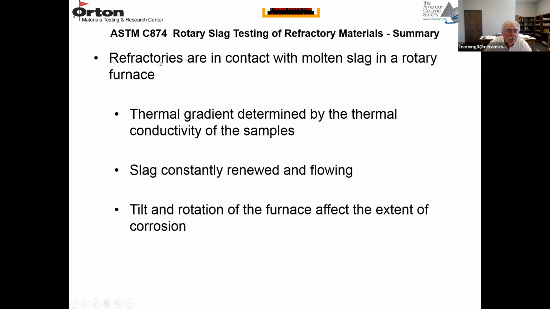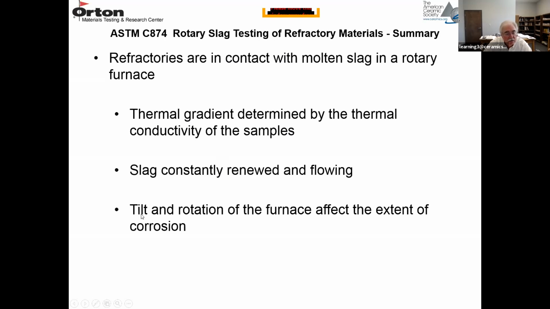So simply you have a refractory that's in contact with a molten slag in a rotary furnace. You have a thermal gradient in the wall of the furnace that's determined by the type of the sample you put in the furnace. And that's why you want to use a control sample, because it's not always the same thermal gradient. Slag is constantly renewed, so you're always putting new slag in the furnace, and it's flowing over the refractory.